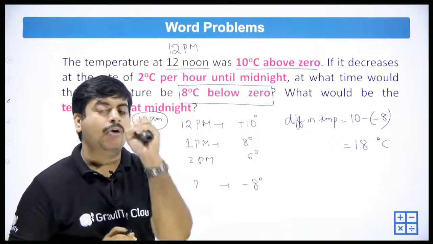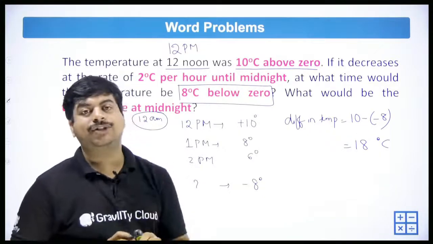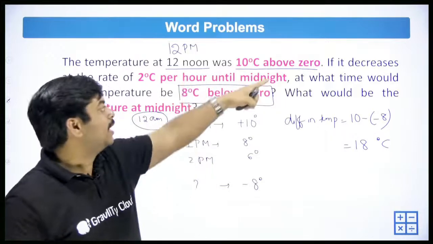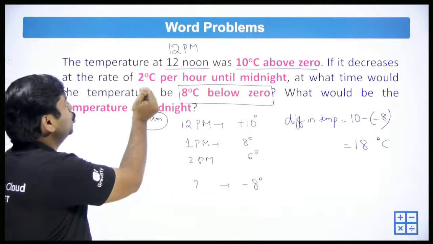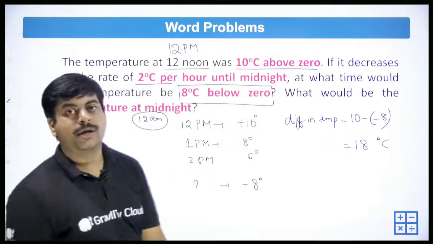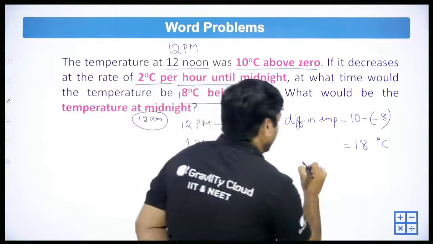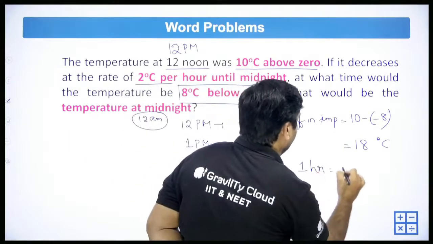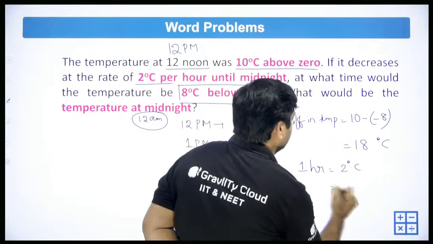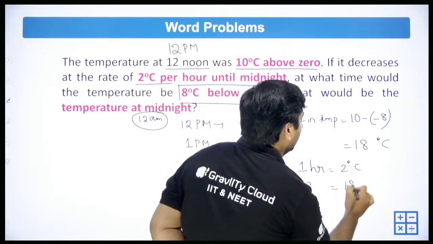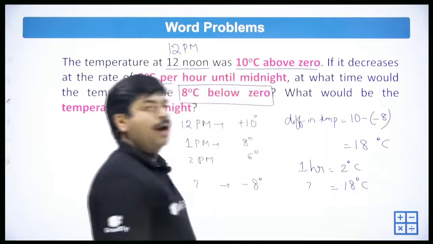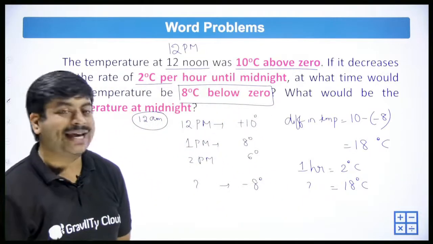But how many degrees per hour is it changing? 2 degrees, right? It decreases at the rate of 2 degrees per hour. So per 1 hour there is a change of 2 degrees Celsius, so how much time do you need for 18 degrees?